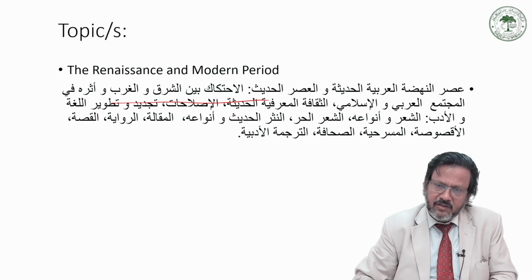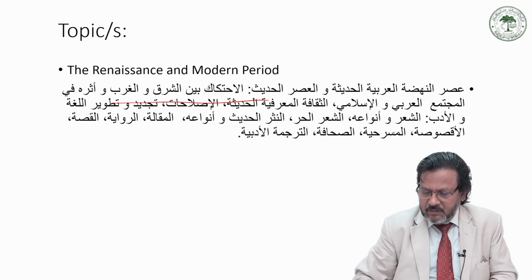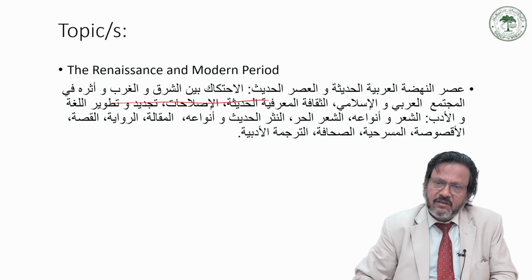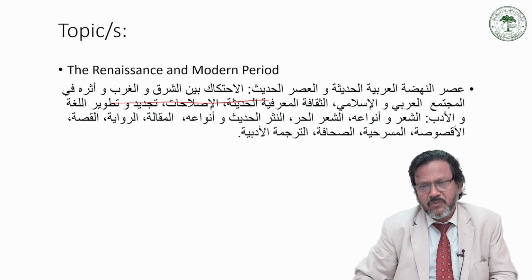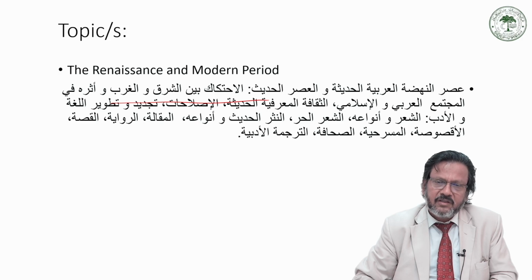And of course, related to our topic is Arabic language and literature in all its representations and facets, like poetry and the types of poetry, poetic genres, the traditional poetry, the traditional pattern, the modern genre of poetry, the blank verse, the free verse, the modern prose and types of modern prose like Makala, Riwaya, Al-Qissa, Al-Uqsus, Al-Masrahiyya, Al-Sahafa, and Nasira.